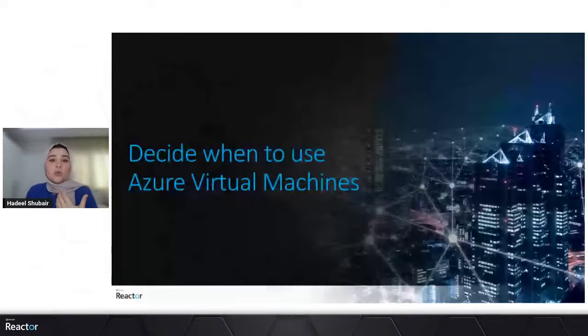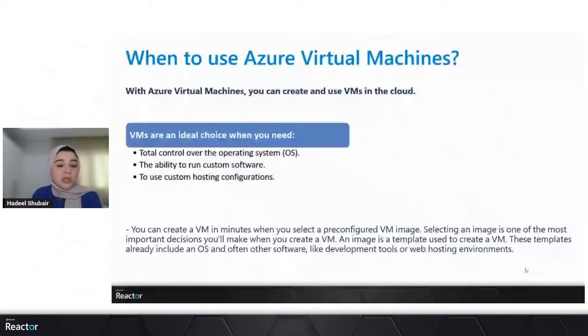Now, fun fact: when it comes to virtual machines, you actually have images, so you can create a virtual machine in a matter of minutes when you select a pre-configured virtual machine image. If you go on the Azure Virtual Machines platform, you can select a pre-configured image. Once you select an image, this will help you create a virtual machine, and this image is actually a template used to create that virtual machine.